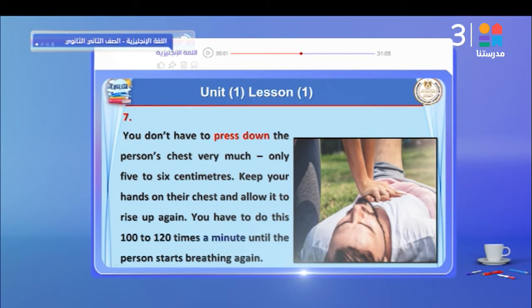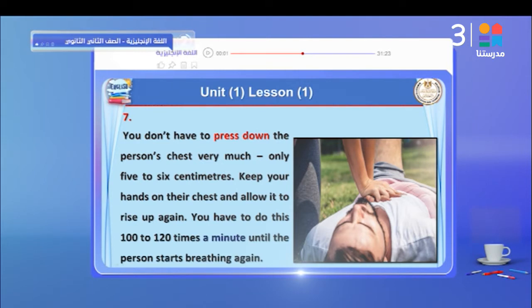You don't have to press down. Press down means to push down. يعني إن أنا أضغط جامد the person's chest very much. ما أضغطش على الchest بتاع البرسون جدا. Only 5 to 6 centimeters. بس 5 ل 6 centimeters.